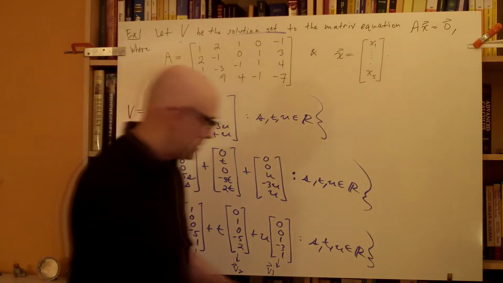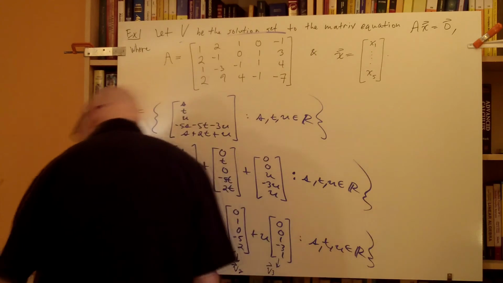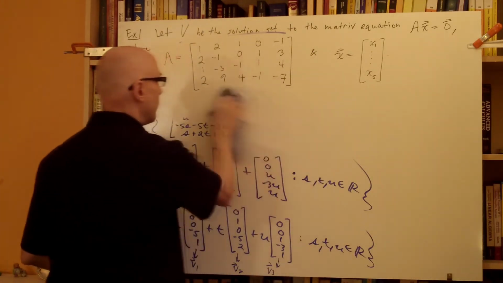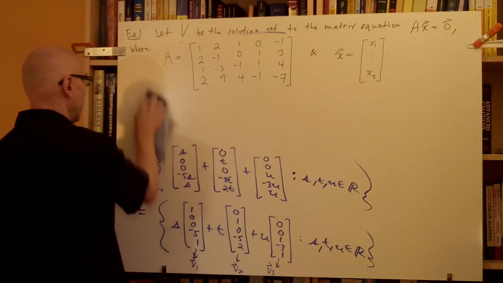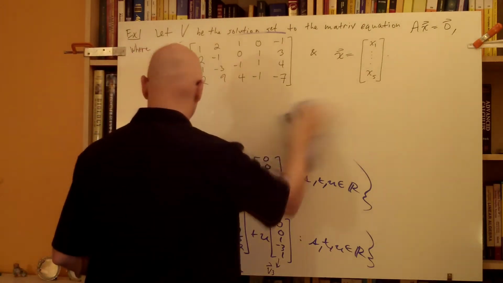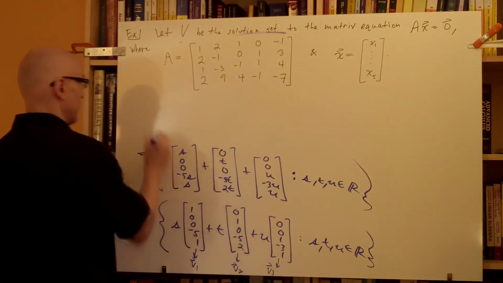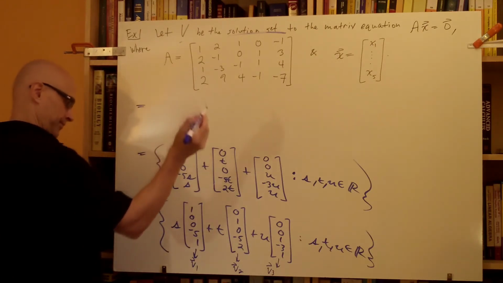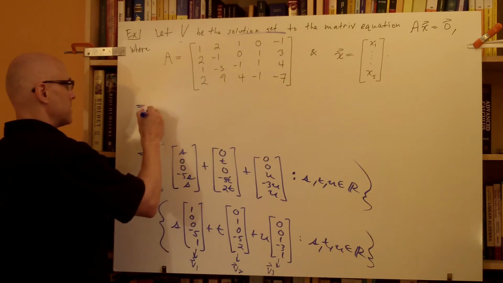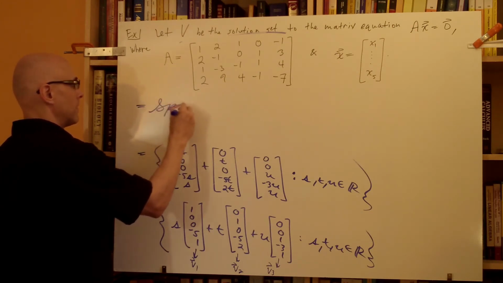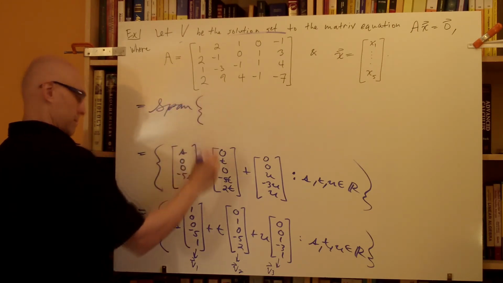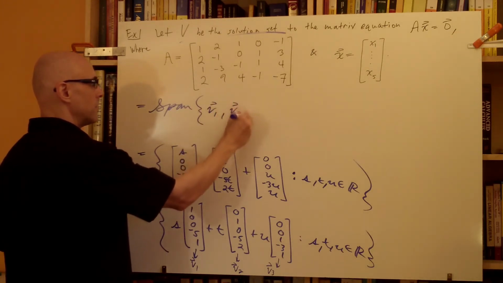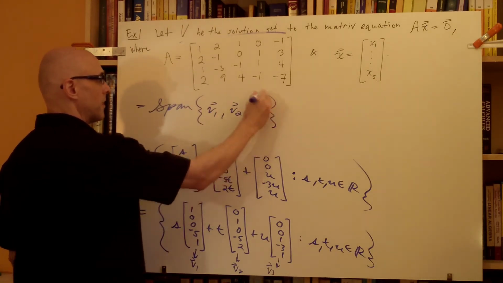So what we have is the span of v1, v2, v3.